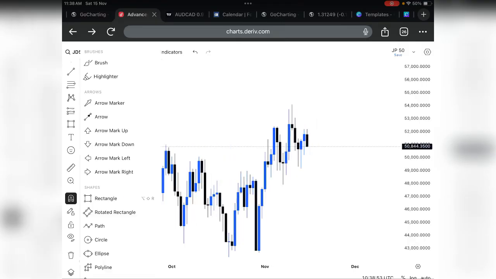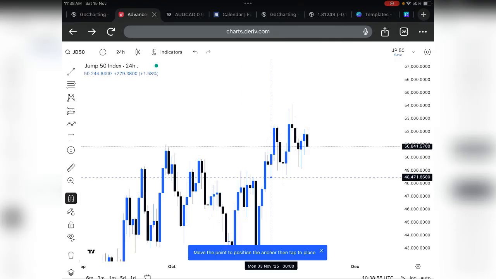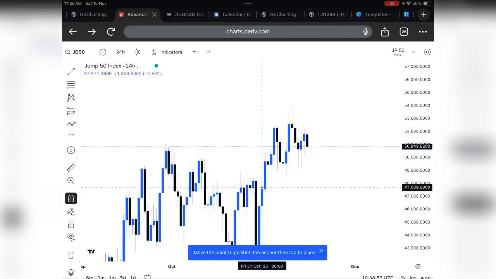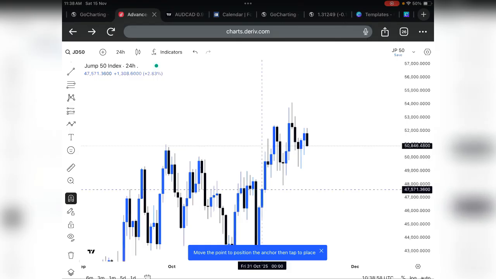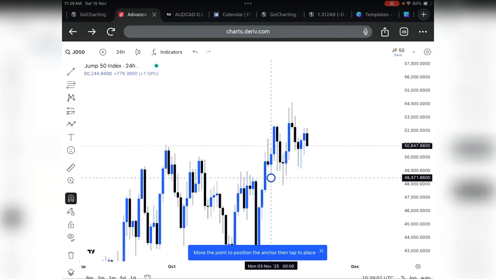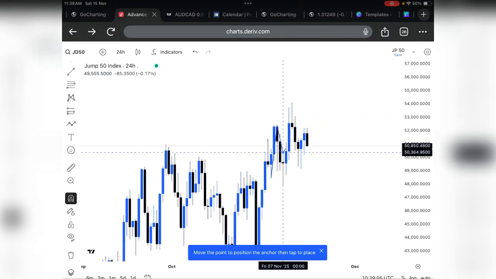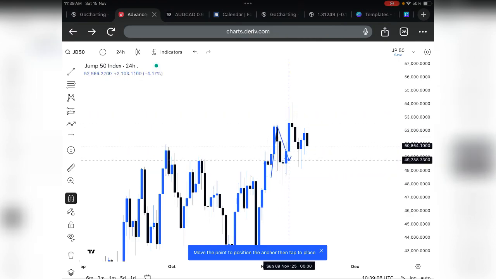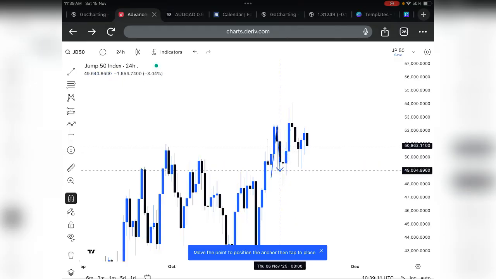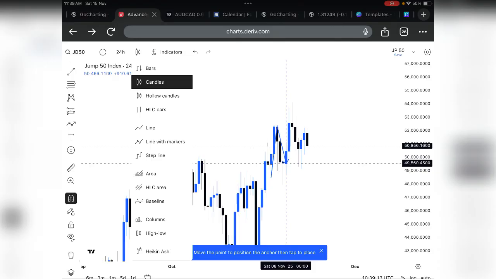This is the trend here. Let's start from here. This is week. They don't count. Okay. Week they don't count. Let me go to the line chart.